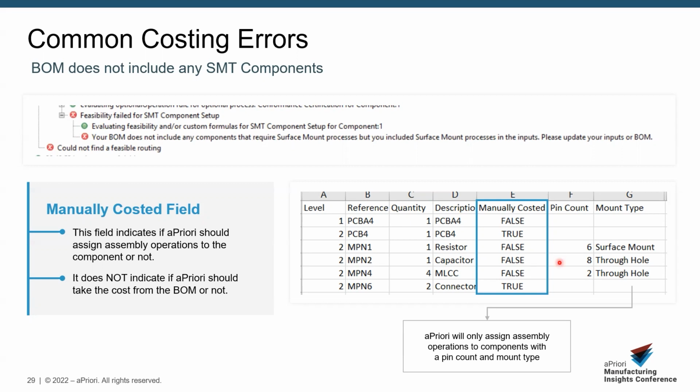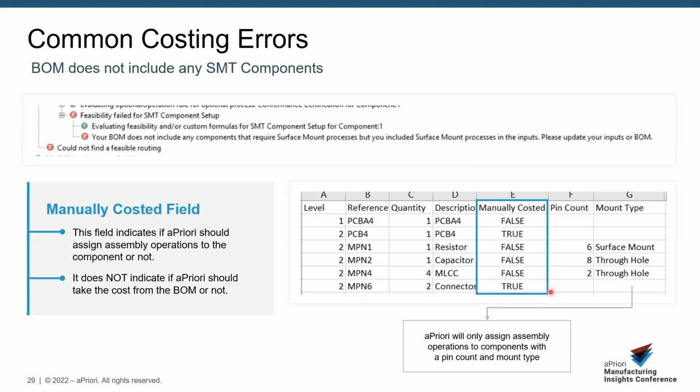In this example, the first level is my PCBA, then my PCB, then I've got some resistors, capacitors, and then I've got a connector. My connector doesn't have a pin count or mount type, and so it's added by hand after the other PCBA processes.